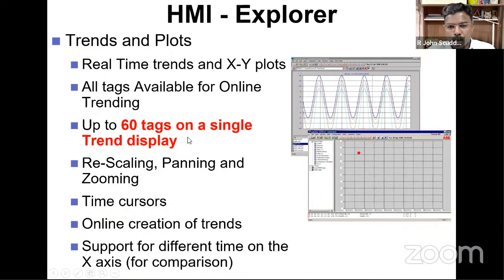Now in the HMI, as I told you, we were able to have 130,000 tags and 10,000 graphic pages. Now in a single trend page, you can see at least 60 parameter trends. These are all helpful when there is a lot of trouble, maybe grid related problems, or when there is a total power failure in the Orissa grid.